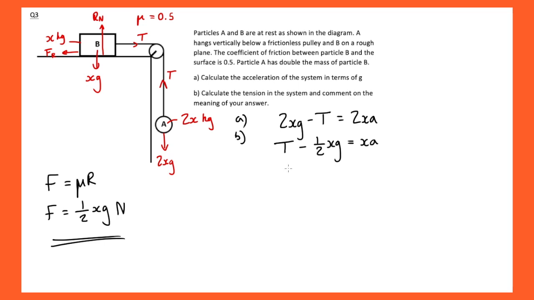Now I've combined these together, I get 2xg minus a half xg, which gives me 3/2 xg, and that equals 3xa. The nice thing here is I can cancel out my x's, and I'm left with 3/2 divided by 3. So 3/2 divided by 3 is a half. So I have a as a half g.